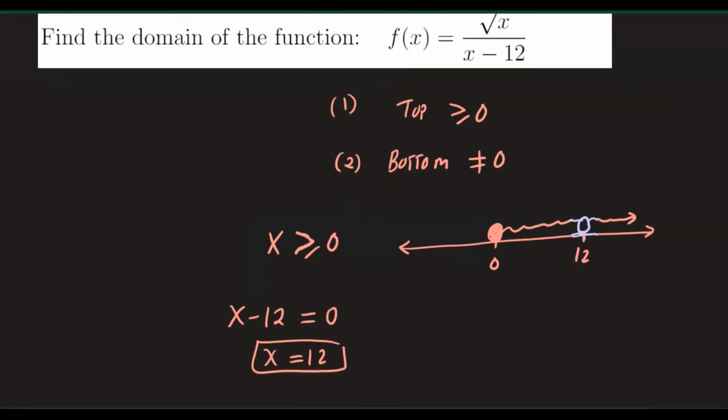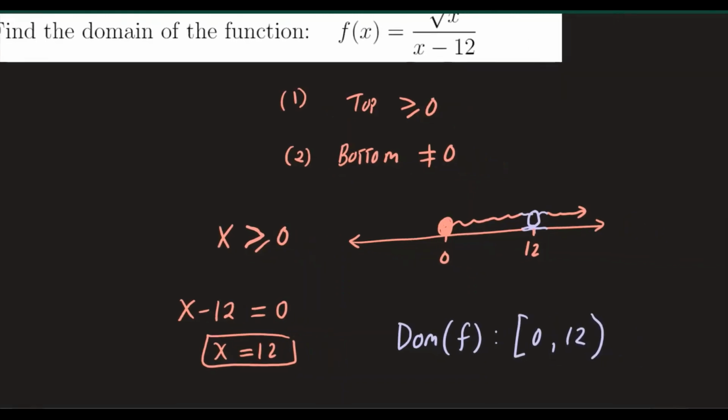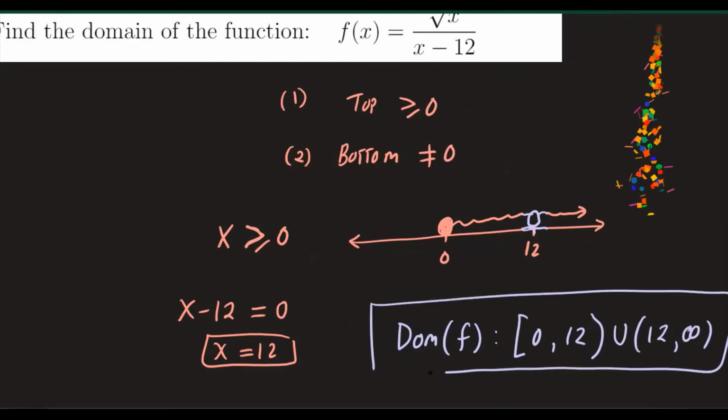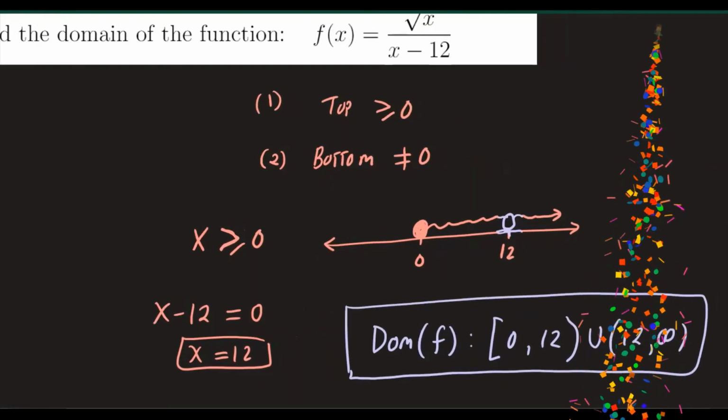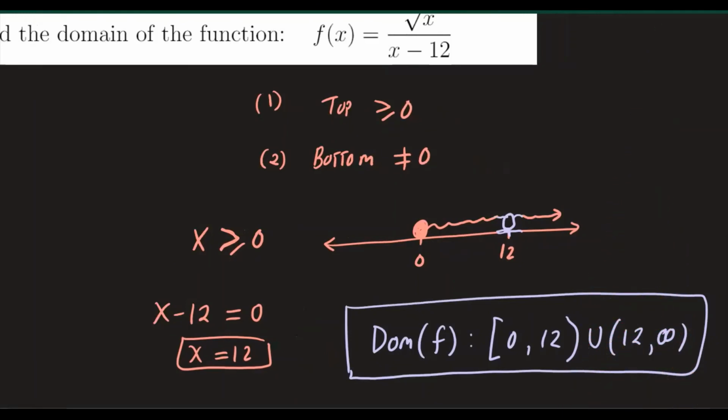Now, if I were to express this using interval notation, we would say the domain of f is going to be 0, included, up to 12, we cannot include 12, union, and then we can again start from 12, but not including 12, to infinity. So that would be the domain of this function by considering the top and the bottom.